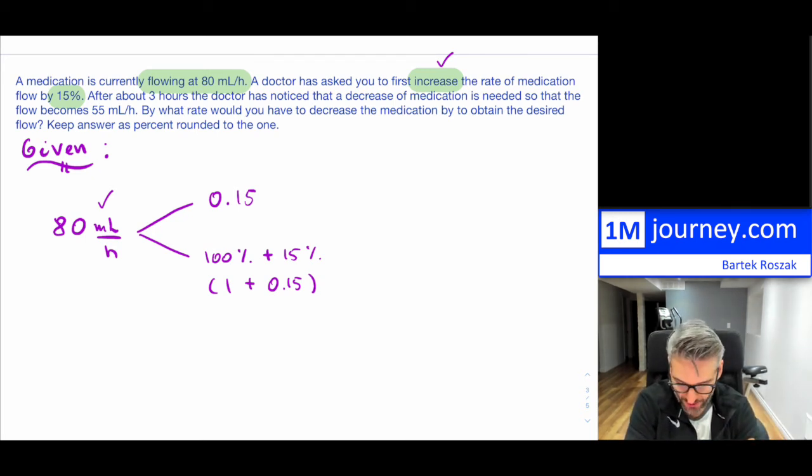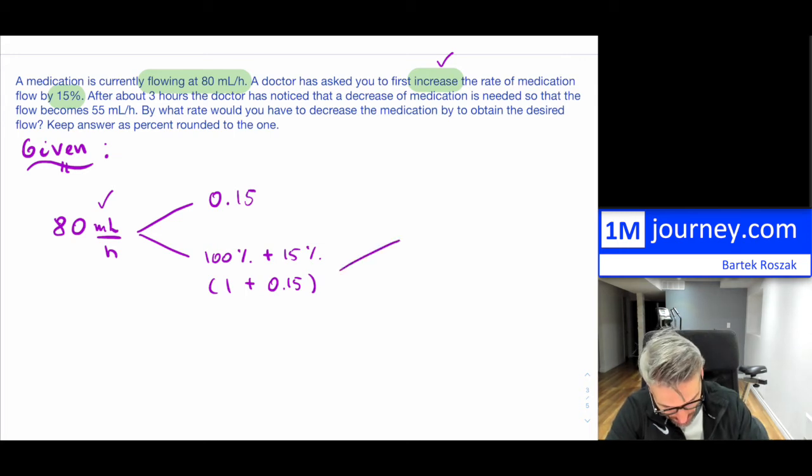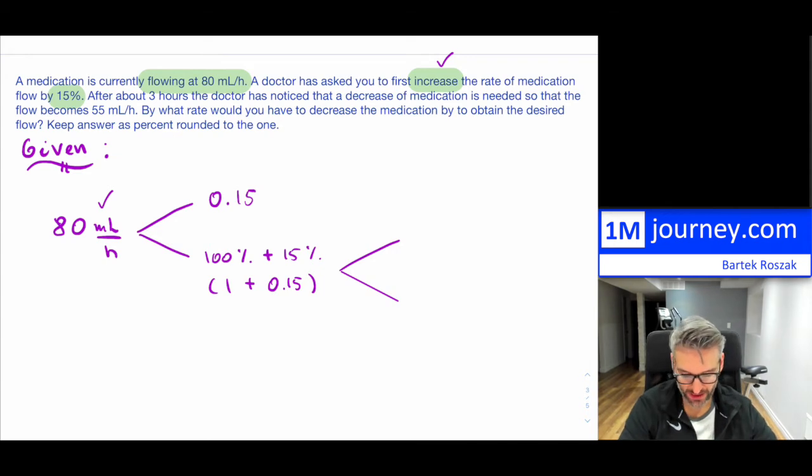Now, after 3 hours, the doctor says we're going to be decreasing the medication next. It was increased first, so it would have been more than 80 milliliters. But now the decrease, we don't know what this decrease is. So that's going to be some kind of a rate of decrease.